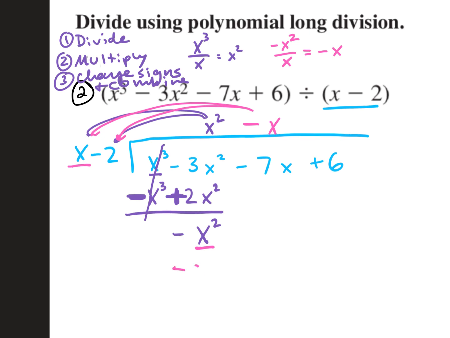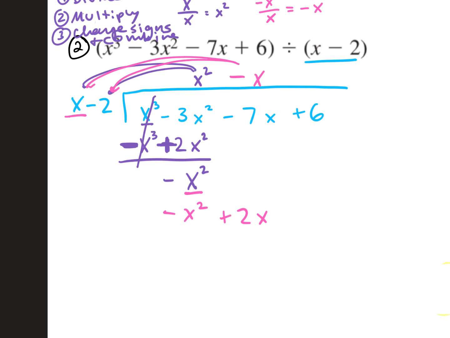So we get -x times x would be -x squared. -x times -2 would be plus 2x. Step 3, change the signs and combine. So we make it a plus x squared and a minus 2x. Combine them together. The x squareds cancel. Next, we have -7x minus 2x would be a -9x.